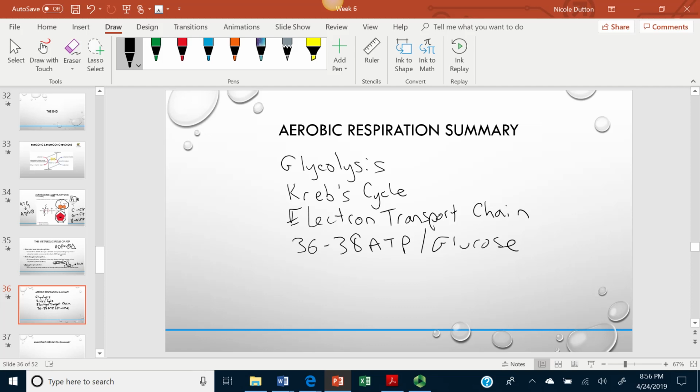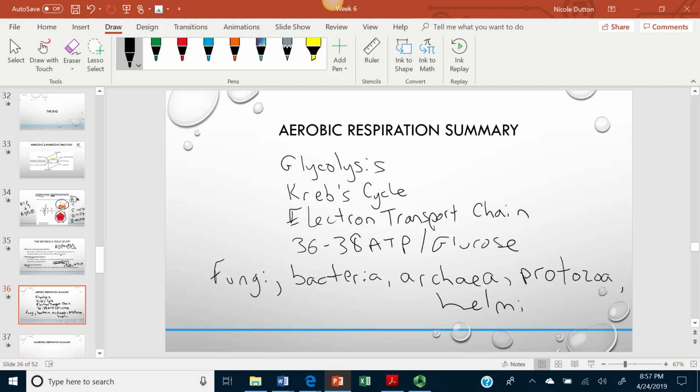And the microorganisms that can do aerobic respiration include some types of fungi, bacteria, archaea, protozoa, or protists in general, and helminths. So we go through all 3 of these steps and we use oxygen.